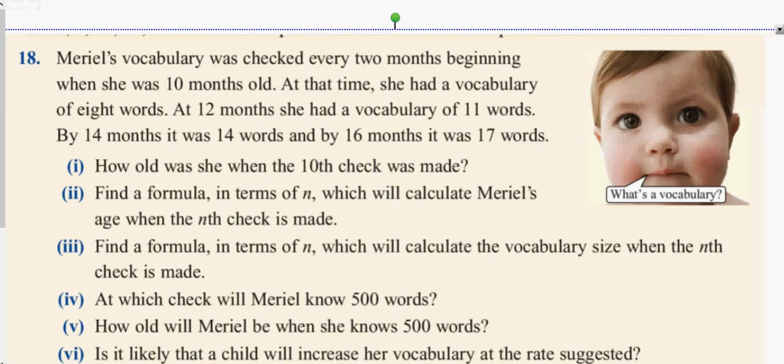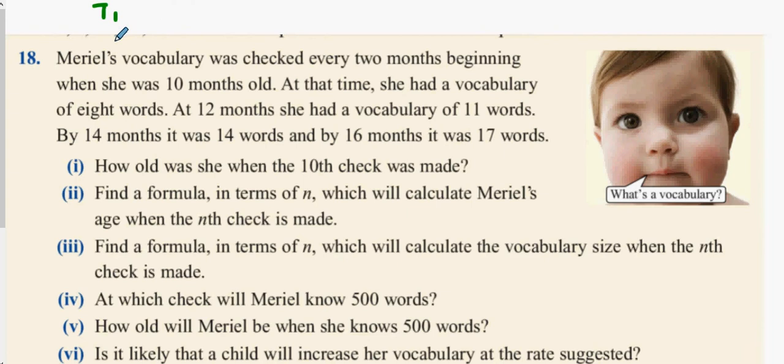Right. Question 18. She had 11 words by 14 months. Alright, so let's do it this way. Check number 1 was at what age? 10 months.